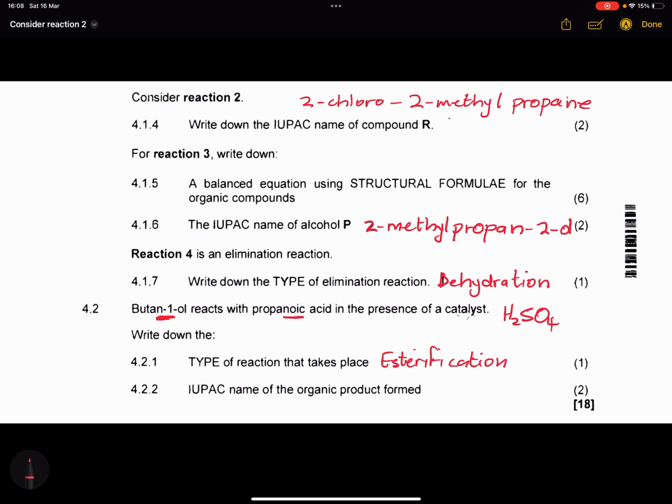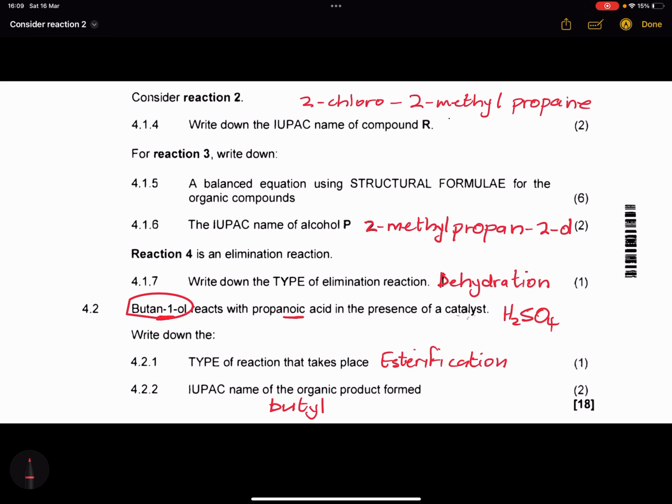And finally, they say the IUPAC name of the organic product that is formed. Now, please remember that whenever we name an ester, we always start with the alcohol side first. In this case, that's going to be butyl, from butane.